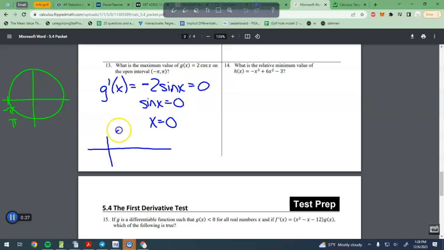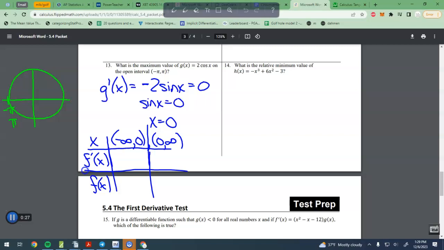I'll go negative infinity to 0, and 0 to infinity. And then I'm going to write down what f prime is doing and then what f is doing. So remember to check, you pick a representative point, and if I'm looking for increasing or decreasing, where do I plug the representative point back into?